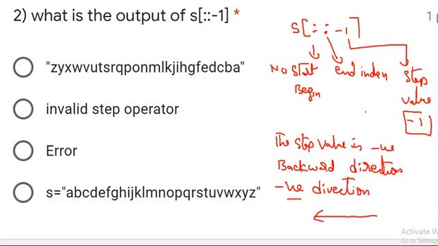So whenever you have a negative step, and if there is no start index and end index, this indicates you have to start from the backward direction.